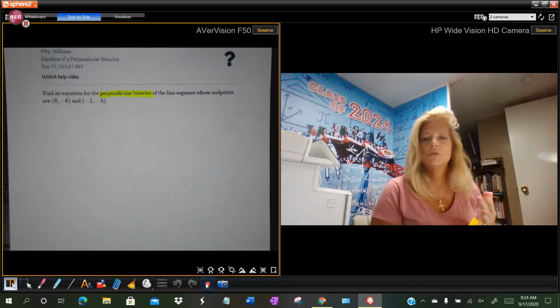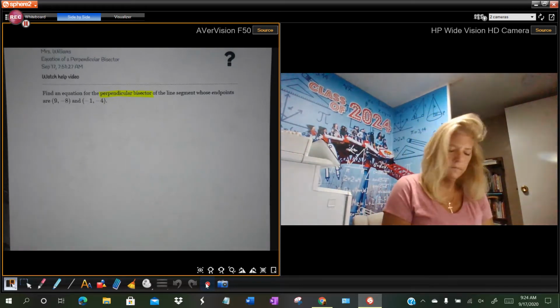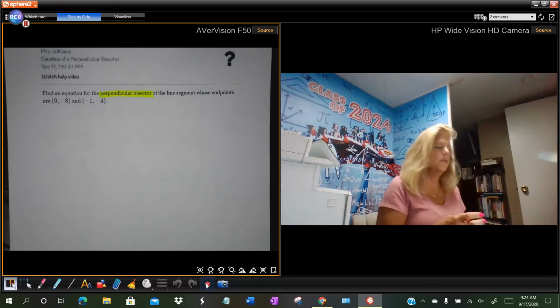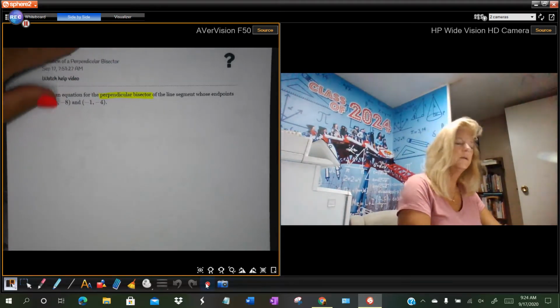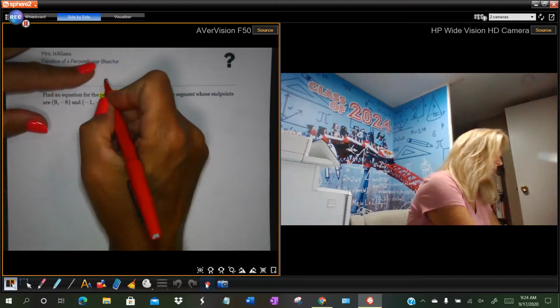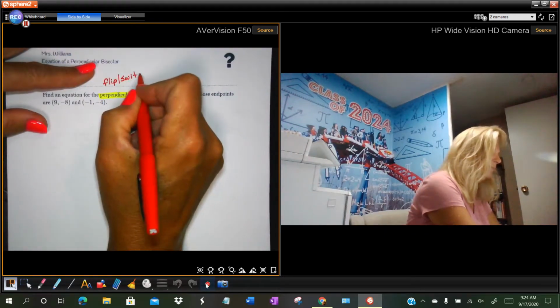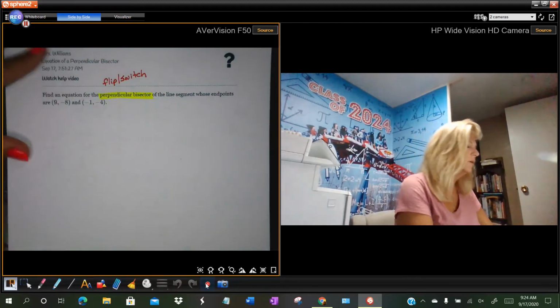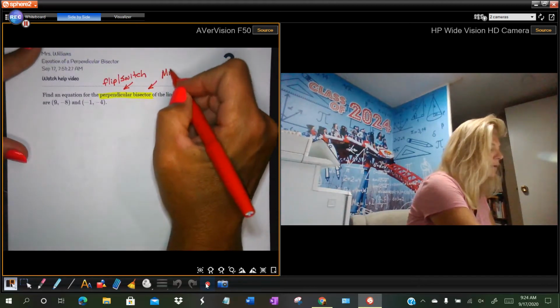So we first need to find the slope and change it to make it perpendicular. We're going to flip and switch the signs and flip the fraction over. And bisector indicates that we need to find the midpoint.